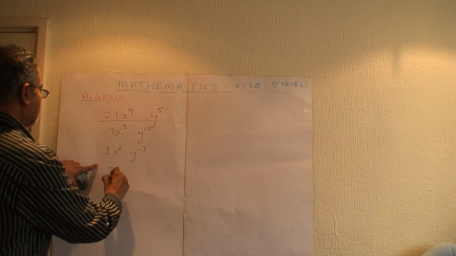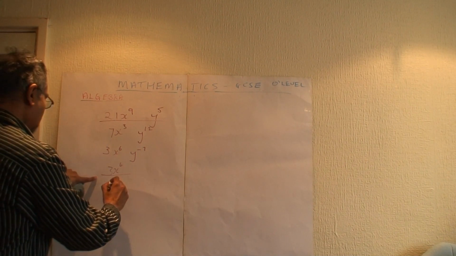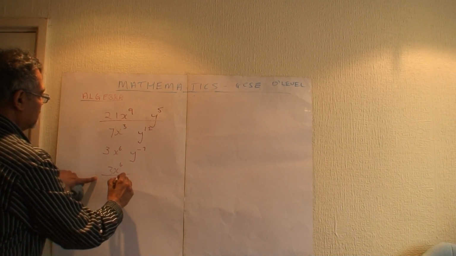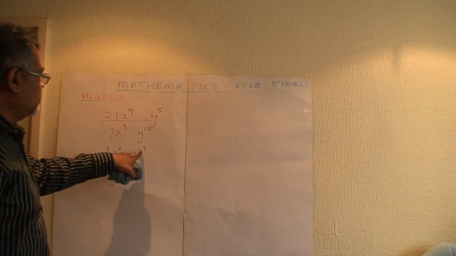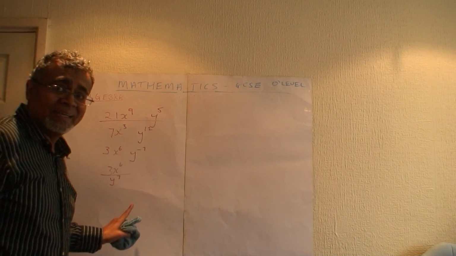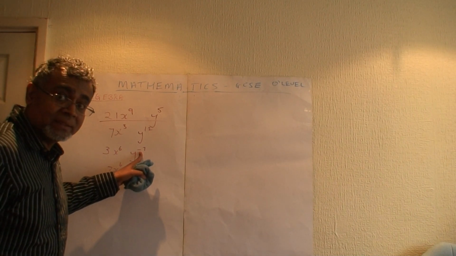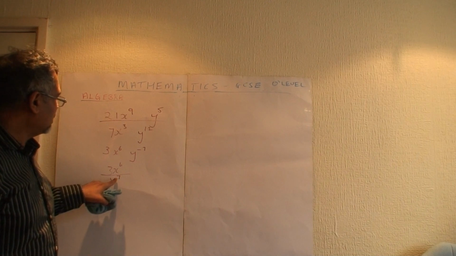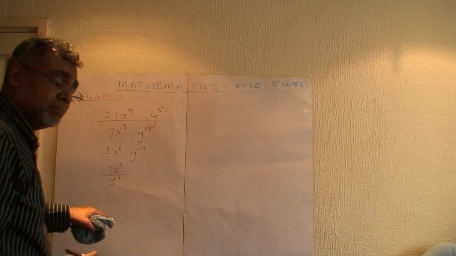We can say 3x to the 6th divided by y to the 7th power. Because when the power of minus 7 comes below the line, you lose the minus sign. So it becomes y to the 7th power below the line. Okay?